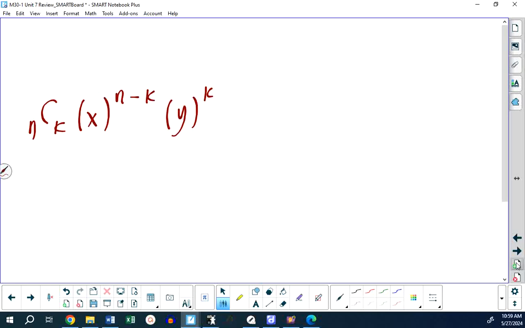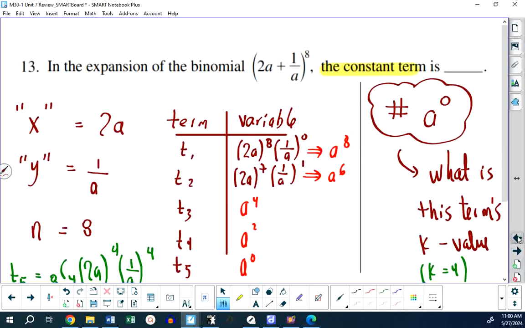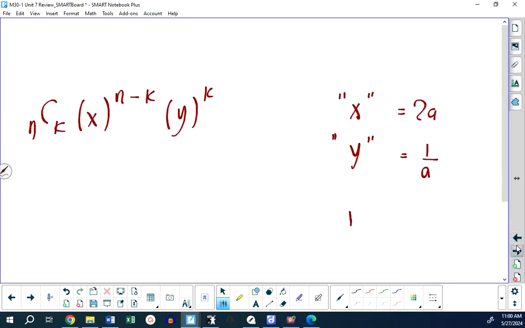This is how you find any term, right? And we know that x is actually 2a. Am I right? I don't know why I've forgotten it so quickly, but it's 2a. And we know that y is actually 1 over a. Or was it positive? Yeah. And we know that n is 8, but we don't know k.